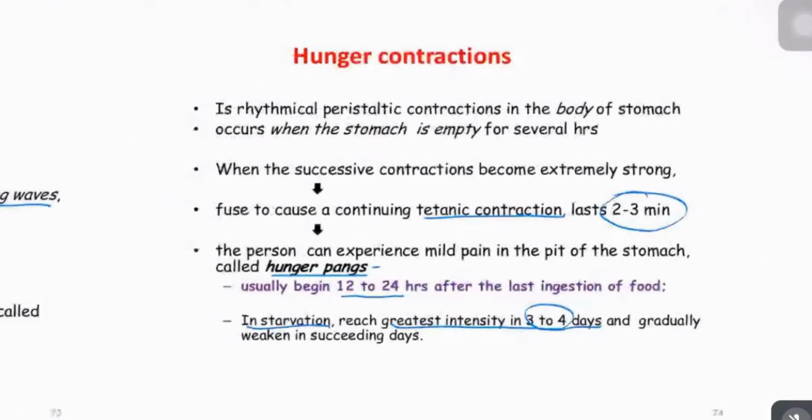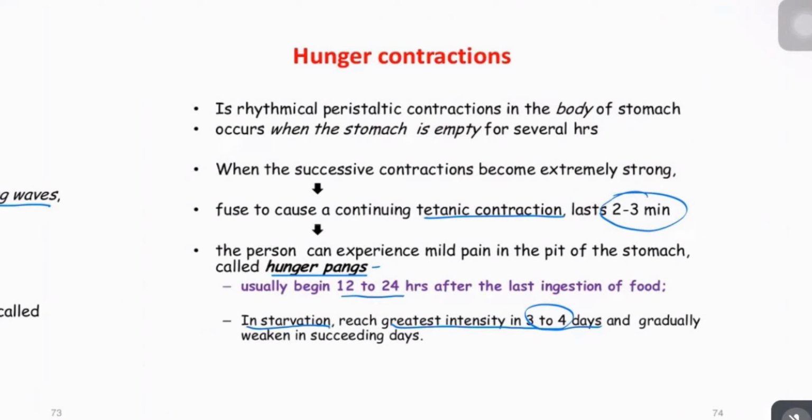This is the rhythmical peristaltic contraction in the body of the stomach, and it occurs when the stomach has been empty for several hours. When the successive contractions become extremely strong, they can cause a continuing tetanic contraction lasting about 2 to 3 minutes.